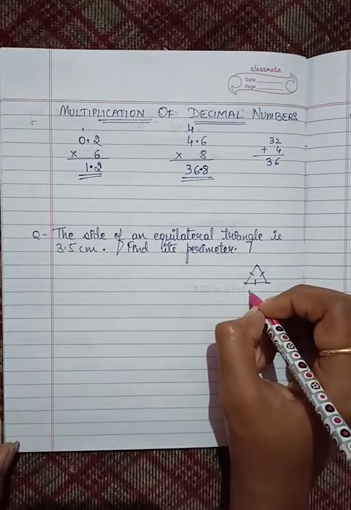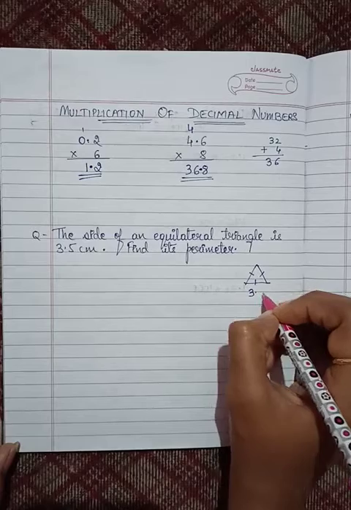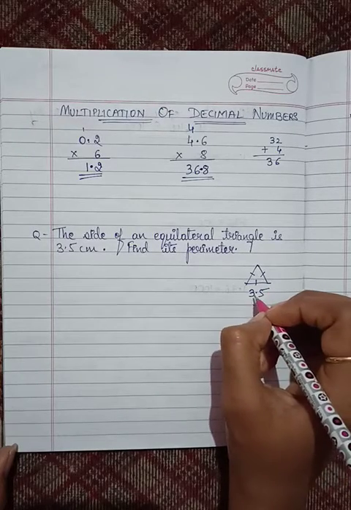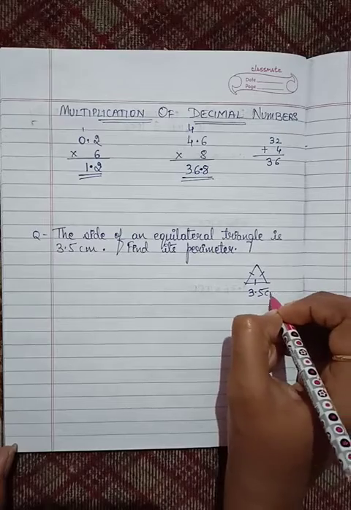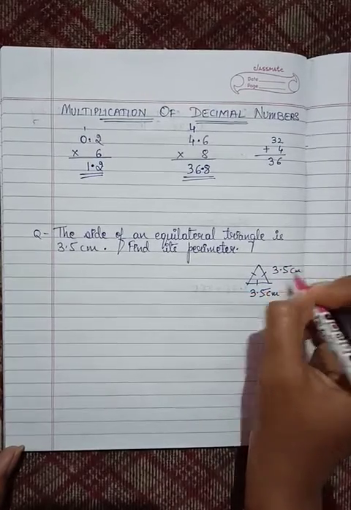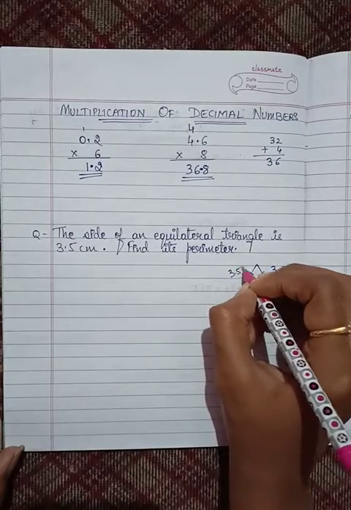So the measurement of each side is 3.5 centimeter, which means all the sides measure 3.5 centimeter.